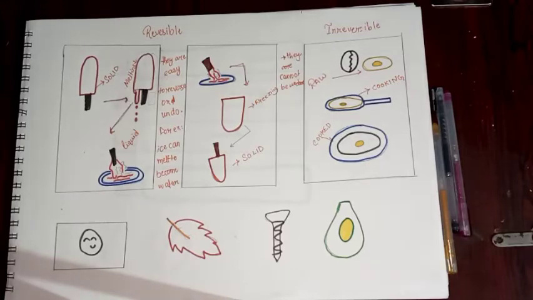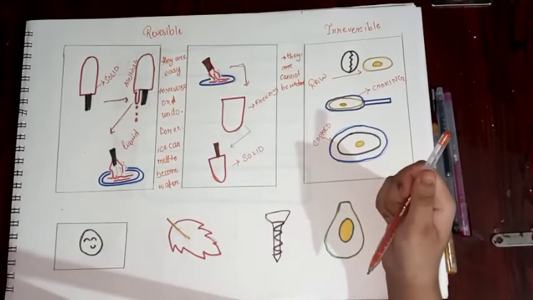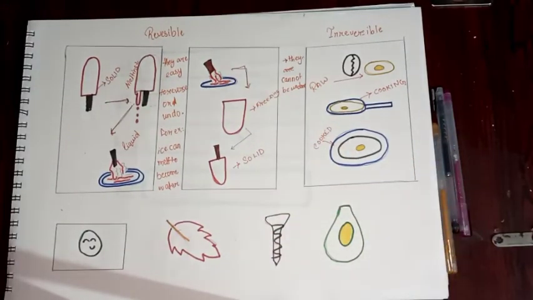Next, everyday changes. Here are some of the common reversible and irreversible changes you may see from time to time. First is the steamed window.